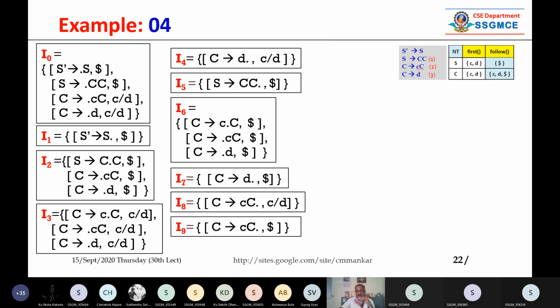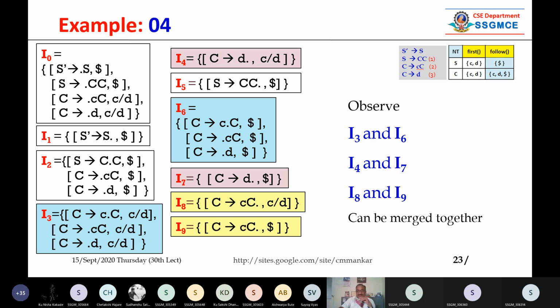Now let us see. Let us say we have computed the canonical set of LR1 items, and we have computed correctly all the states from I0 to I9 as per the previous mechanism.